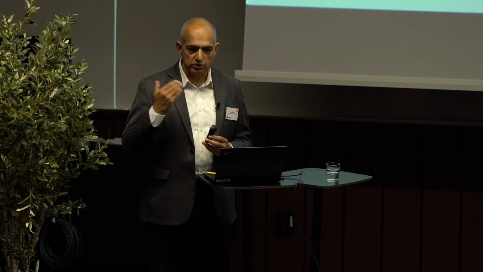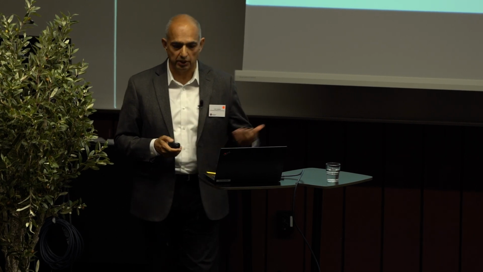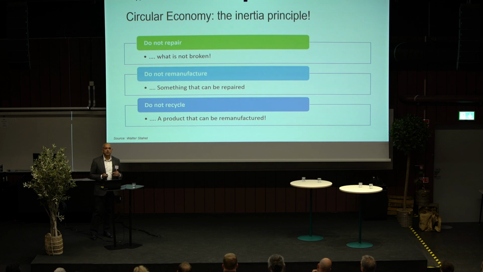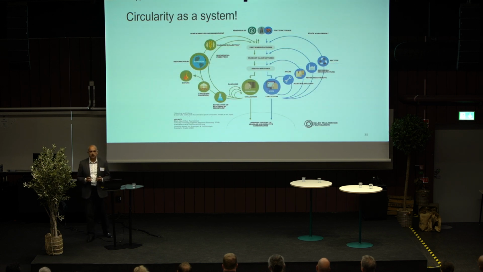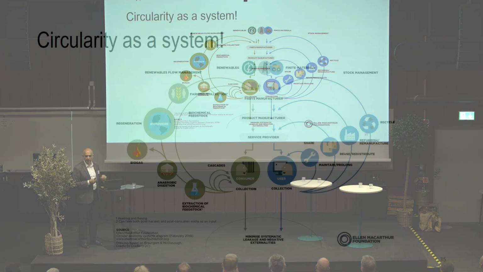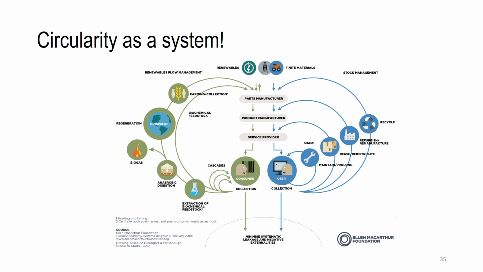That is the principle of the inner loops, actually reinforcing the narrowing part of circular economy or circulation. So putting all these three together, I think this is the familiar diagram that you have seen several times, right? But I just dissected that diagram so that we can understand and communicate with each other, okay? Now, circularity as a system is what we want to focus on. Because if you read this slide, it's still not stable.